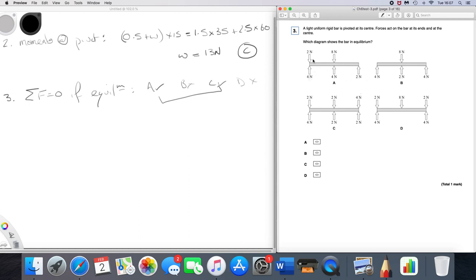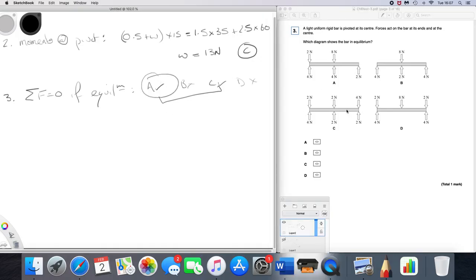So 2 newtons acting clockwise at the full distance, 4 newtons acting anti-clockwise at half the distance. A is your answer. And you can check C as well, but we've verified that A is in equilibrium, and there is only one. If you check C, you'll find that it isn't.